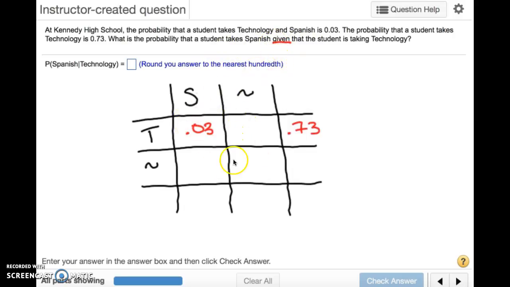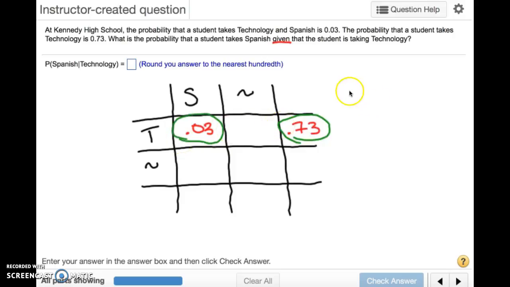So I don't really have enough information to fill out the rest of this table, nor do I need to. The probability that they take Spanish, given that they take technology, is out of this row.